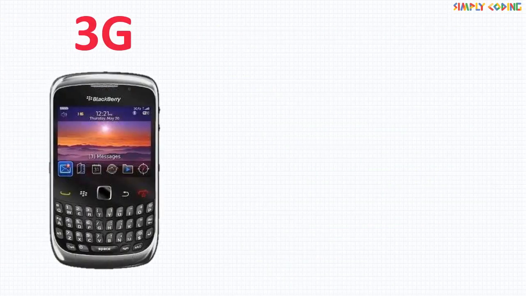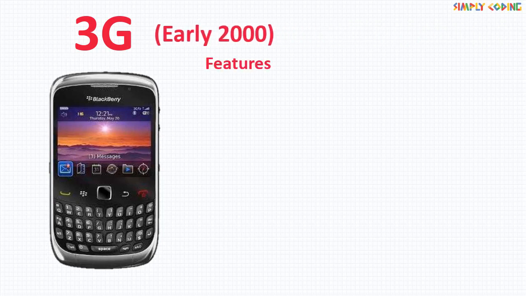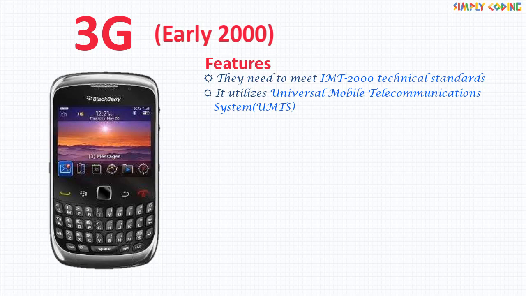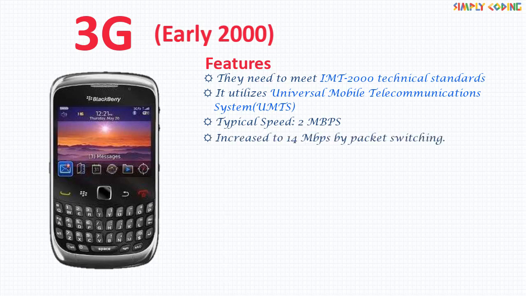3G or third generation was introduced in the early 2000s. These phones were required to meet IMT-2000 technical standards. It utilized Universal Mobile Telecommunication Systems or UMTS. The typical speed was 2 Mbps, but the original technology was improved to allow data up to 14 Mbps and more by using packet switching.